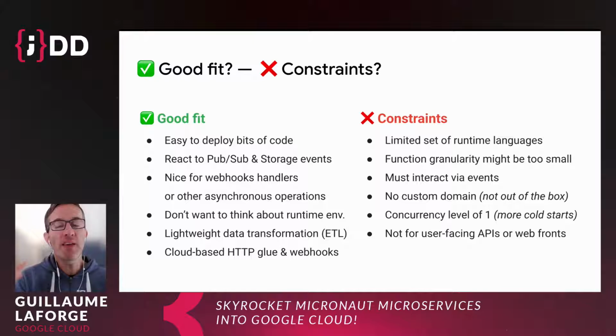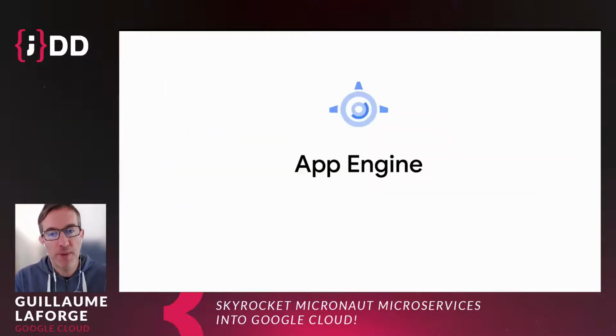So if there are many events at the same time, there are going to be several functions running as different instances, and there will be a cold start for each of them. So you'd see more cold starts with something like Cloud Functions, which is why it's not great for web front ends, because you don't want your end users to suffer from the cold starts. If it's a web-facing front end, you should use App Engine or Cloud Run.